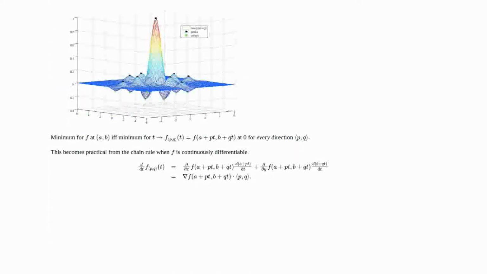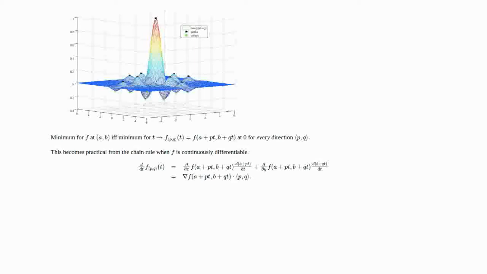Well, this sounds rather impractical, and it is, but it becomes somewhat more practical if we recall our result that directional derivatives are obtained from the gradient. So this becomes more practical when f is continuously differentiable around (a,b). And so then we could take the derivative in t of this new function f_pq at t, and we could write that out as the partial derivative in x at this point times p plus the partial derivative in y at this point times q.